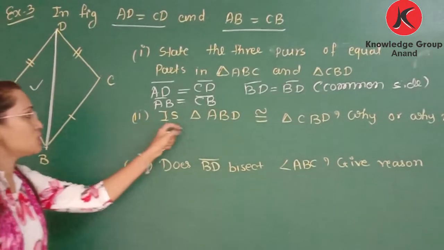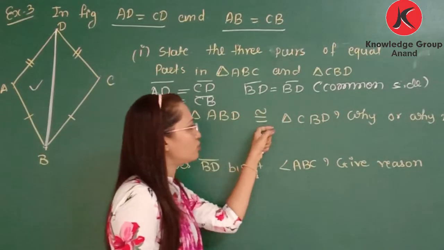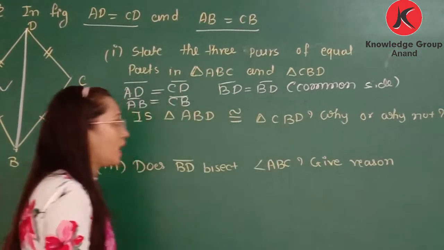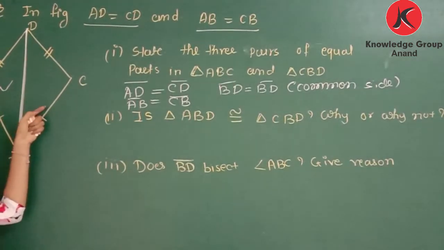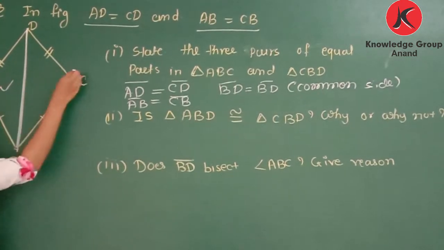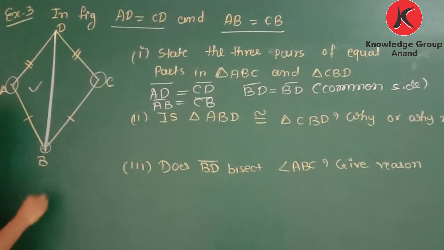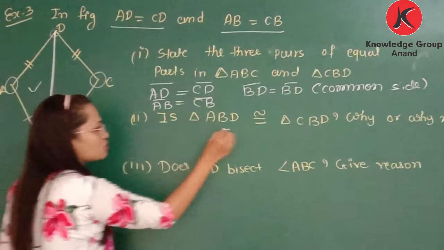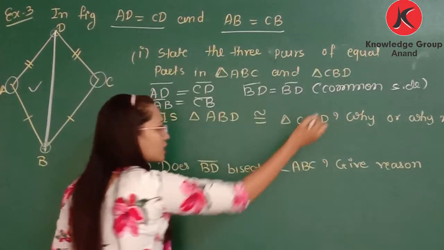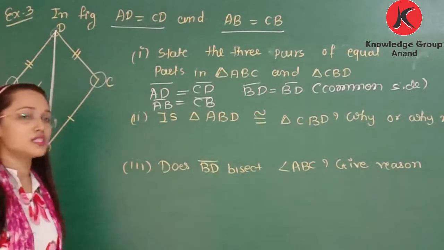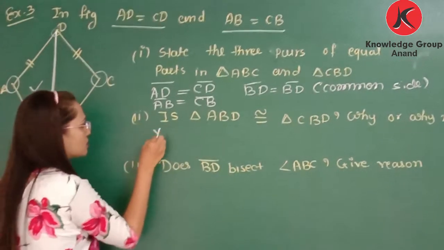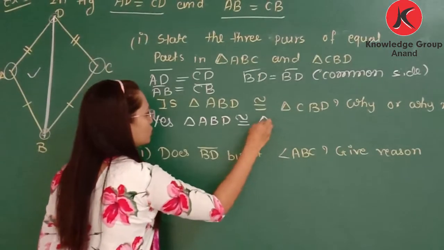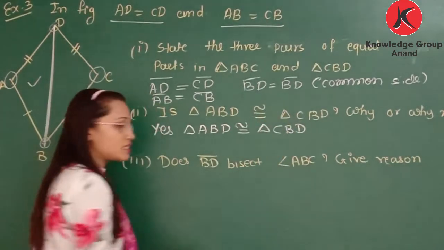Now next, does triangle ABD correspond to CBD? Yes. Now if we consider the corresponding angles, then A corresponds to C, B corresponds to B, and D corresponds to D. So the correspondence is given right. So yes, triangle ABD is congruent to triangle CBD. Reason is what?